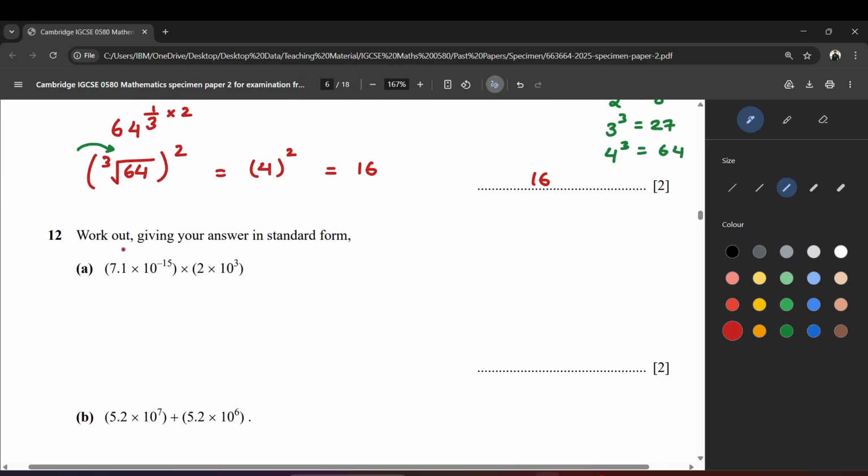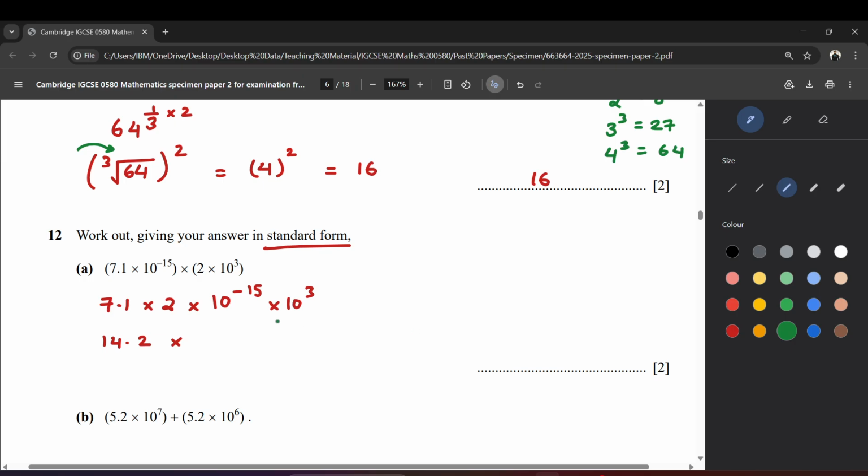All right, question number 12. Work out, giving your answer in standard form, 7.1 into 10 to the power minus 15 multiplied by 2 multiplied by 10 to the power 3. Now you can see that every term is multiplied over here, right? So what we can do is, just like how we collect the like terms, I can write 2 next to 7.1 and I can write the powers of 10 next to each other. 7.1 times 2, that will be 14.2 multiplied by, now 10 to the power minus 15 times 10 to the power 3.